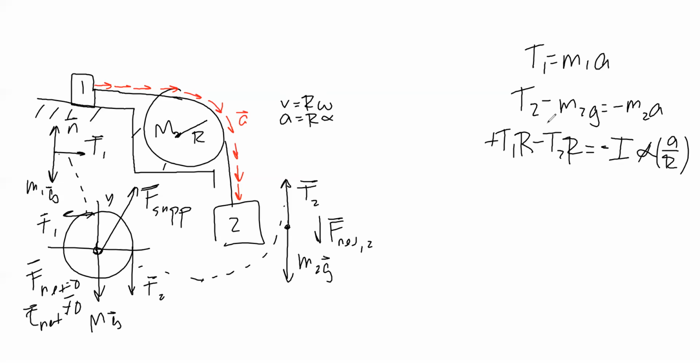And then the other thing that we can do to the third equation on the upper right-hand side is, generally the moment of inertia for basic objects can be expressed in terms of the mass of the object times the radius squared times some number, which is usually 0.5, 1, 2/3, 0.4, 2, depending not only on the way that the mass is distributed, but also where the axis is on the rigid body.